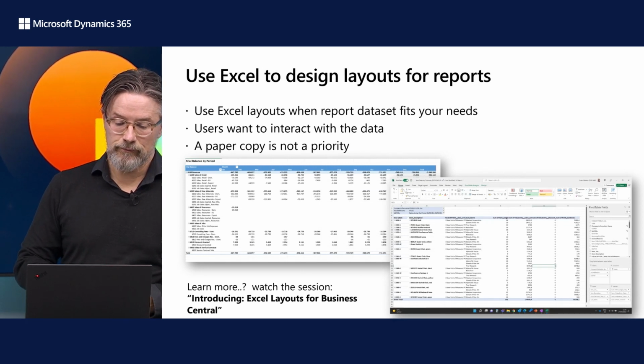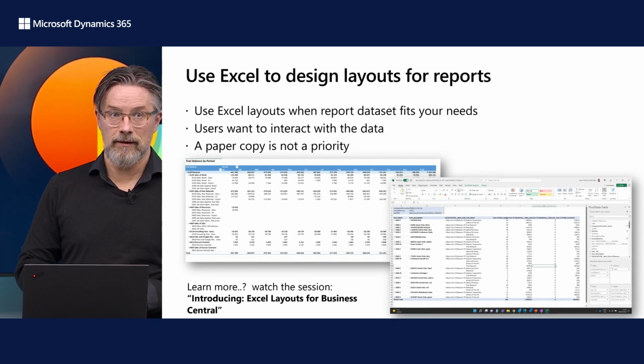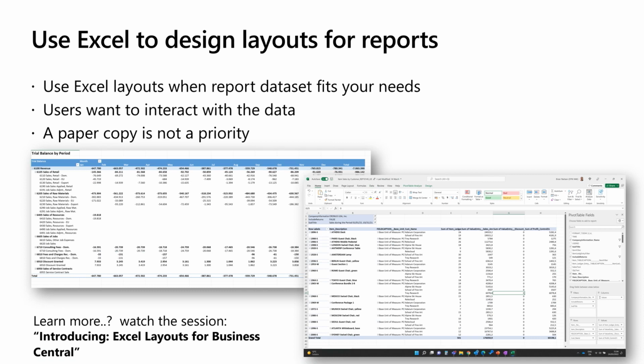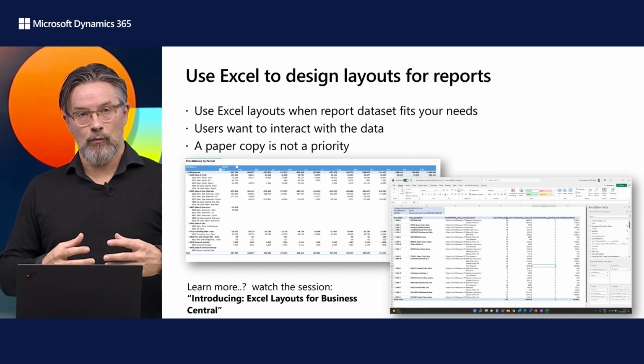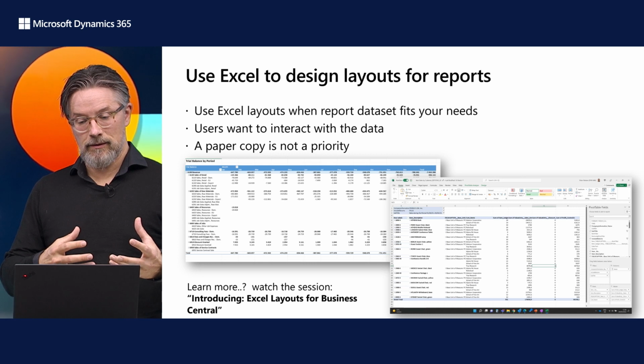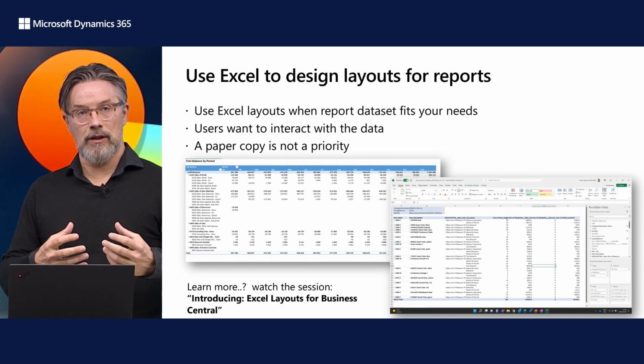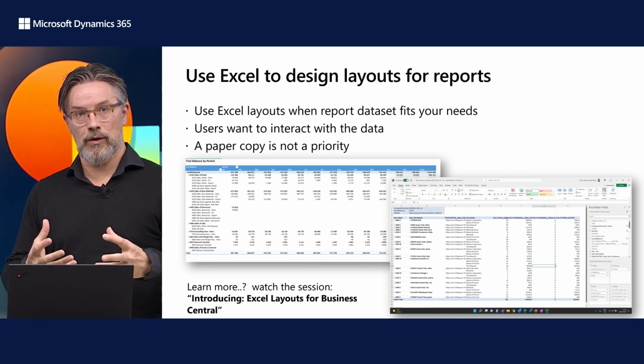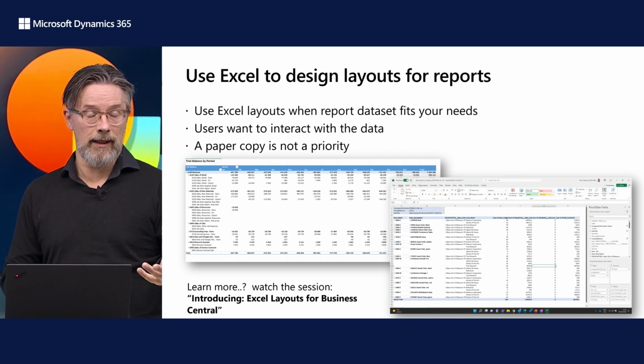Then we have a new capability that Kenny is introducing in a session called Introducing Excel Layouts for Business Central. So he'll go more in depth with how it works. But basically, we have taken what we released last wave, where we gave you the option to export report dataset as raw data in Excel.